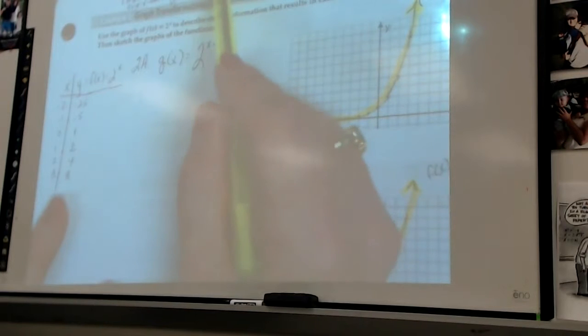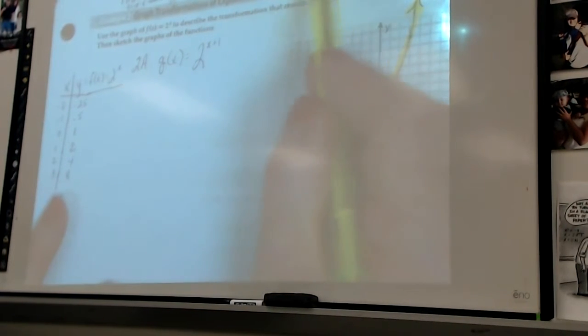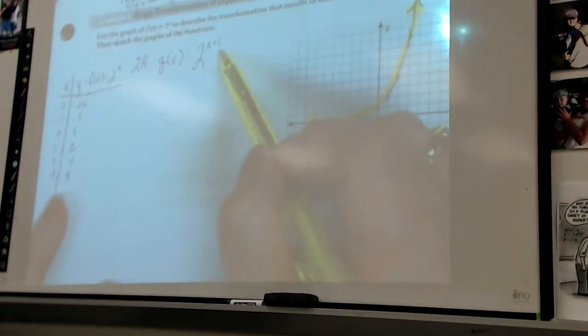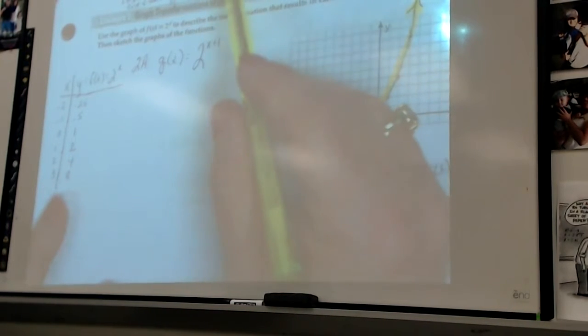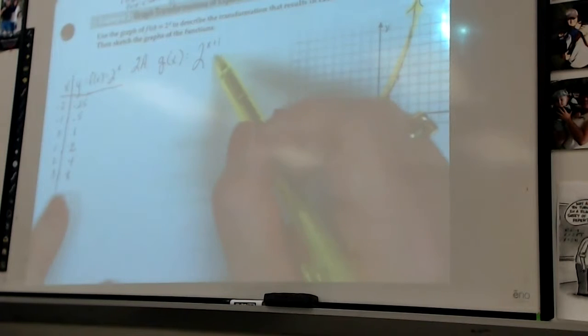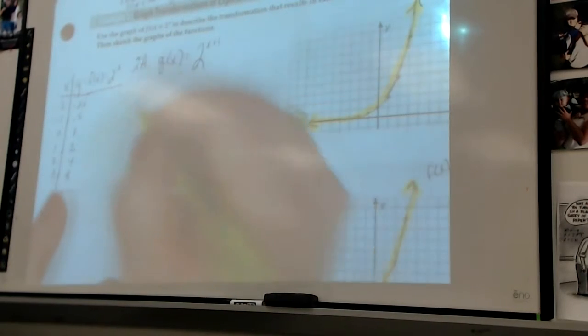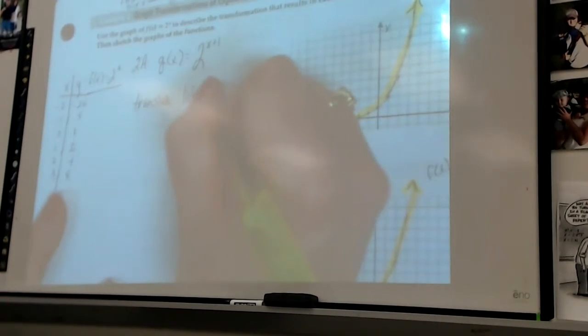So that's going to be this h right here. That means it's going to move left or right. This is going to make it move left or right 1 unit. And it's opposite what you think. So which way is it going to move, left or right? Right. It's going to be left because it's opposite what you would think. So it's going to translate left 1 unit.